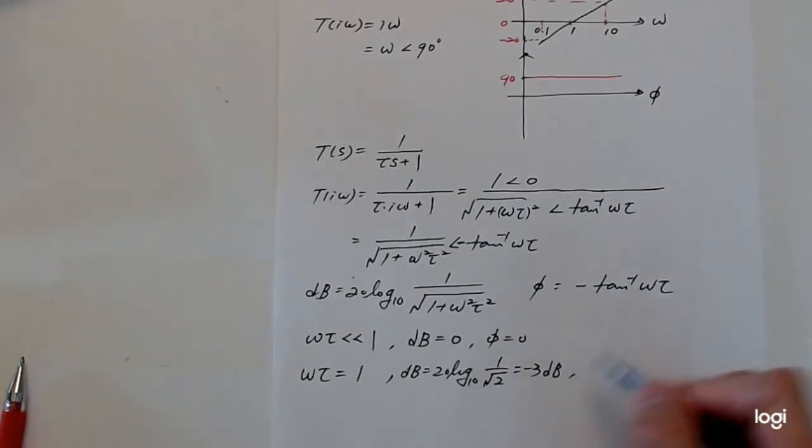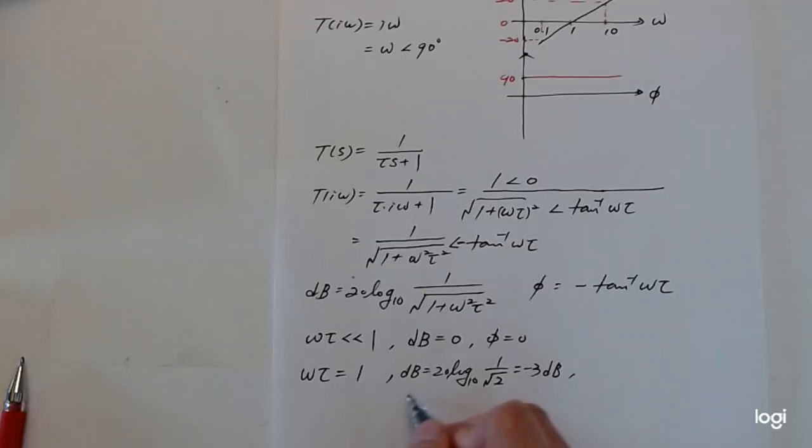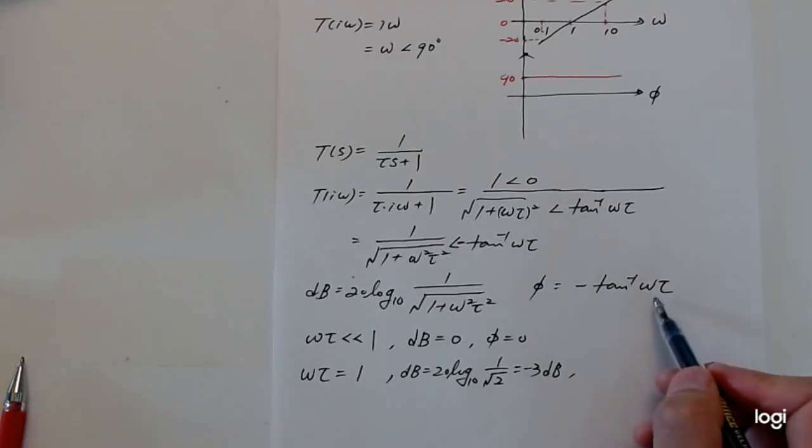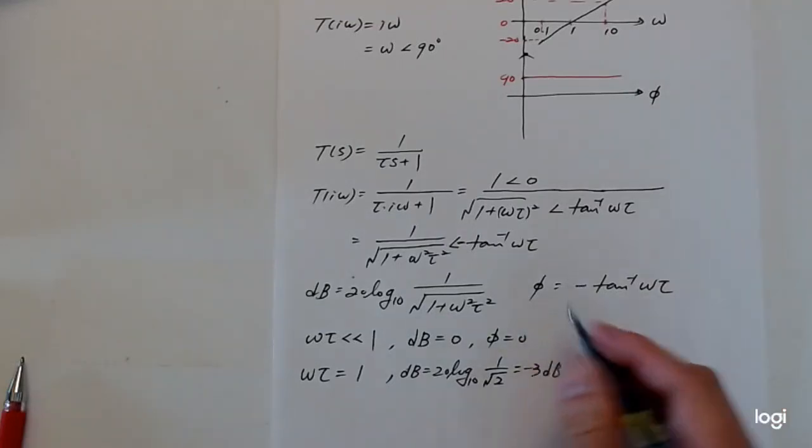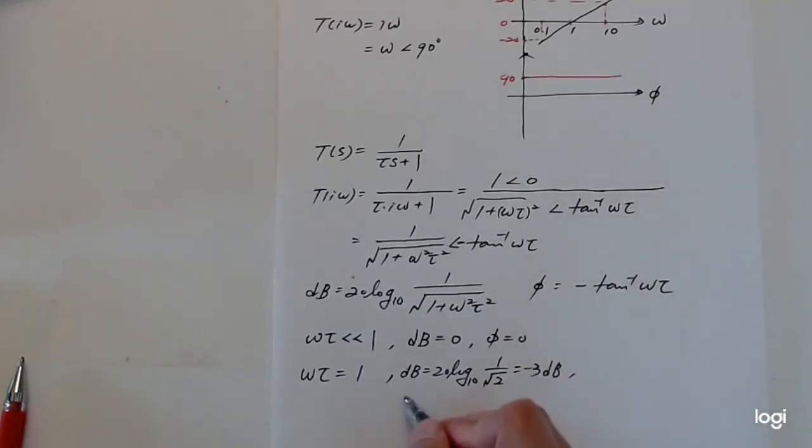How about phase? Arctangent of 1 is 45, so it should be minus 45 degrees.